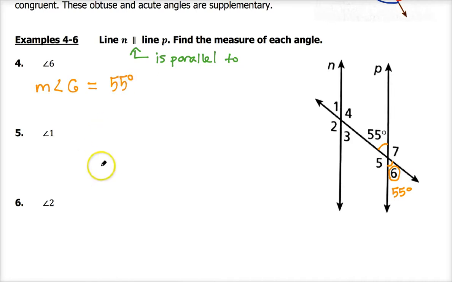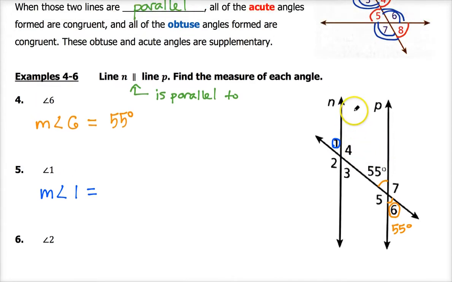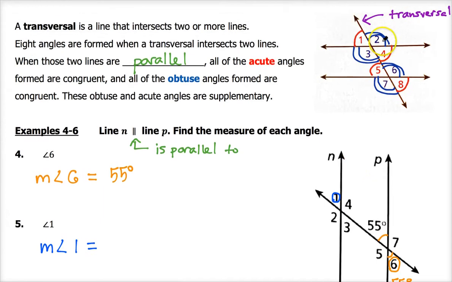Next we're supposed to find the measure of angle 1. Angle 1 is here, and let's see if we can figure out what the measure of angle 1 would be. Let's go back up to this picture at the top and notice that we had two lines that appeared parallel, and every acute angle was congruent to the other acute angles.